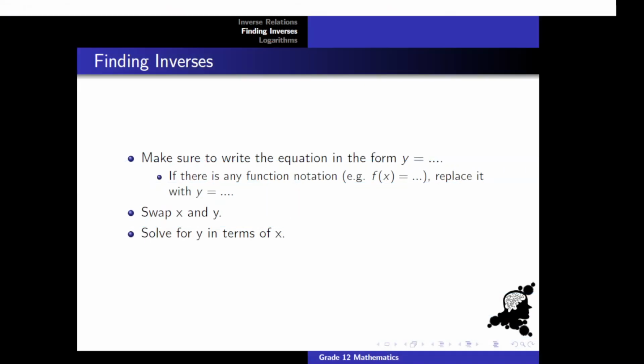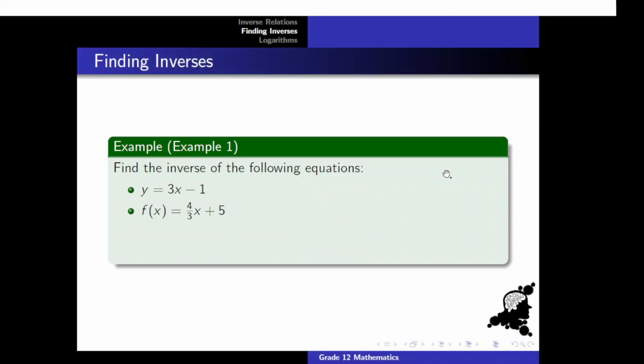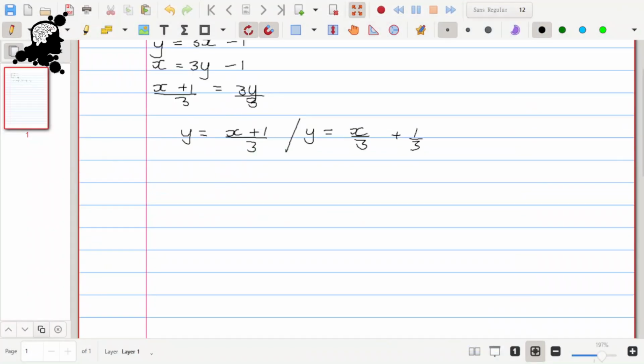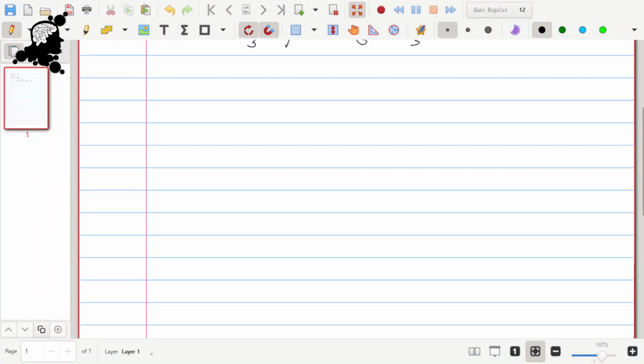Now let's move on to the next question. We have another equation here: f of x equals 4 over (3x plus 5). So let's go to our writing pad and have a look at finding the inverse of this. We have f of x is equal to 4 over (3x plus 5).